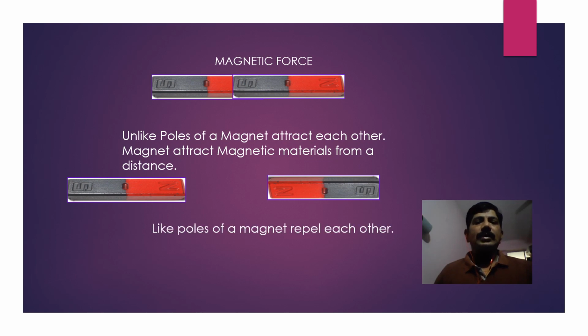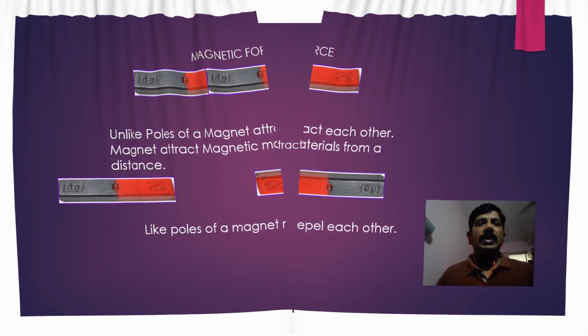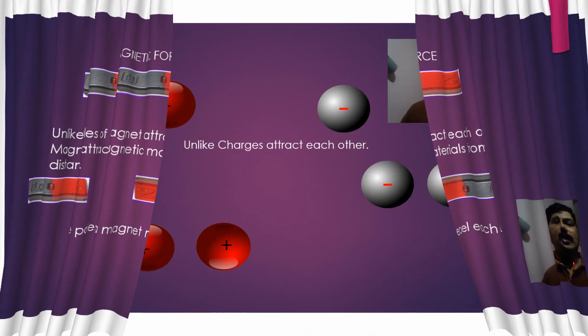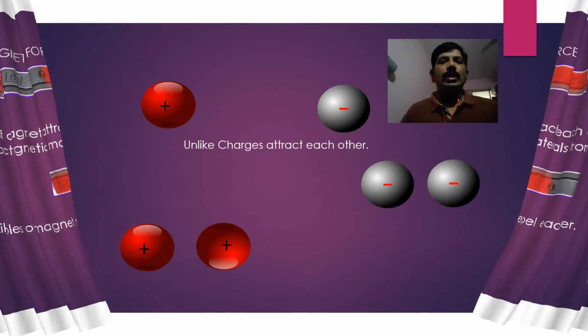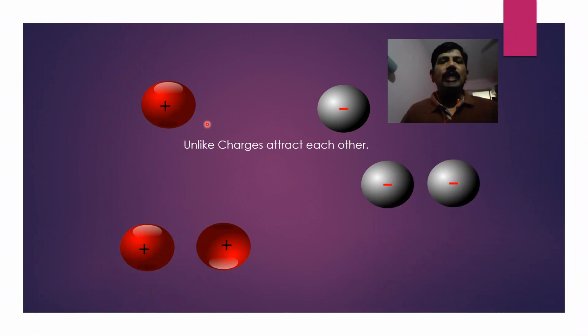Children, you observe this animation, another animation, look carefully. Here, two charged bodies are there. One is the positive charge, another one is the negative charge. Electrons have the negative charge and the protons have the positive charge.